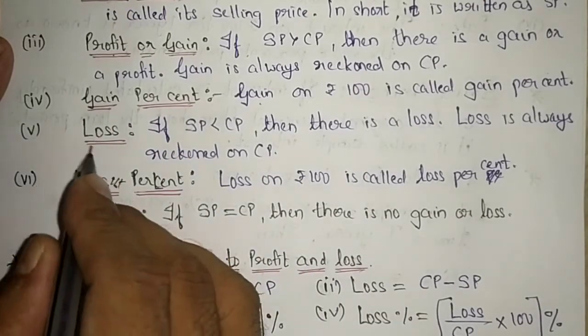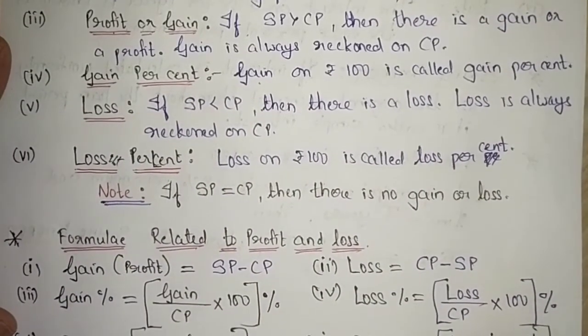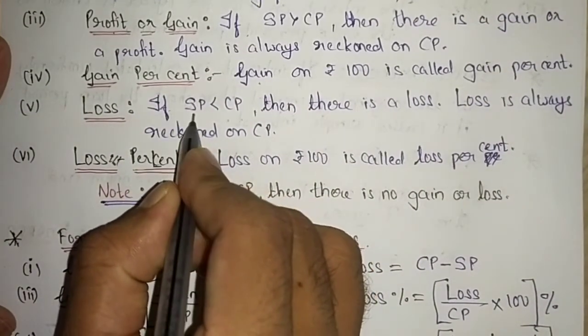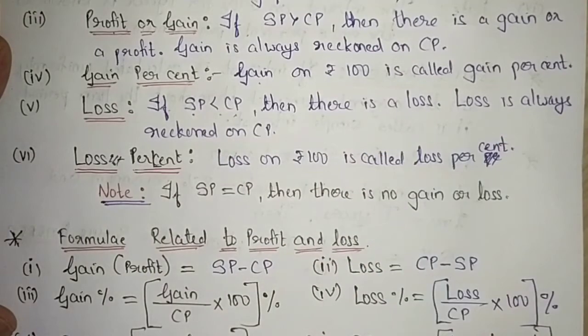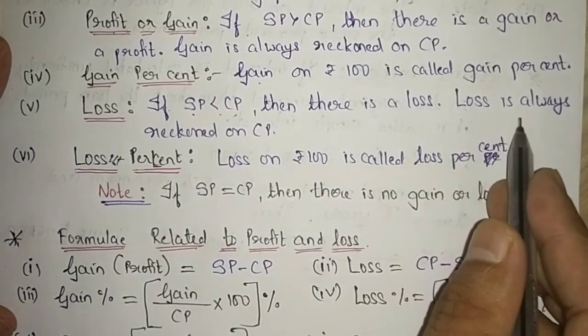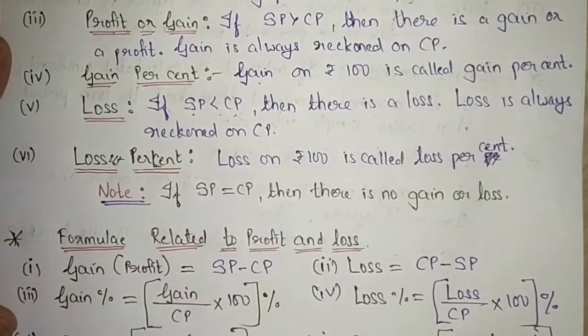Now moving to loss. If my selling price is less than the cost price, then there is a loss. And loss is always calculated on cost price. Let me take one example. The car's cost price was 5 lakh 25,000.